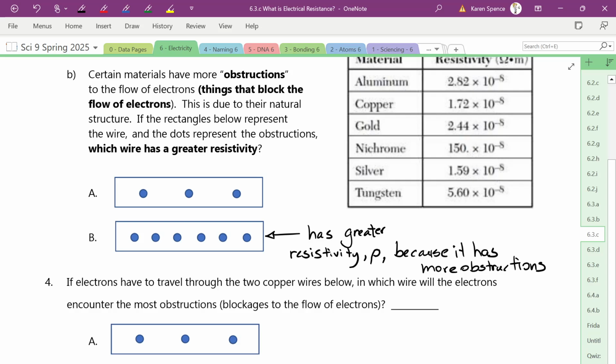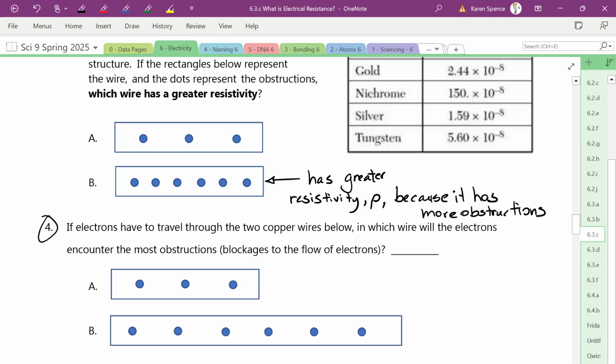If electrons have to travel through the two copper wires in question 4, you can see that they're pretty much the same distance from each other, right? I guess I should maybe move those over so it looks more lined up. But in which wire will the electrons encounter the most obstructions, the most blockages to the flow of electrons?